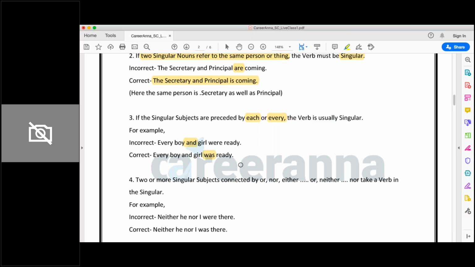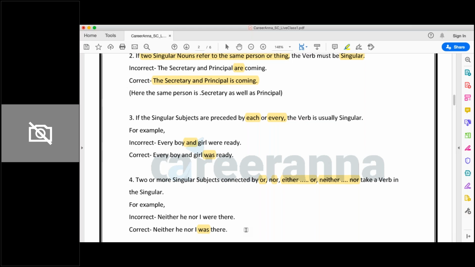Are we able to understand that? Are we able to understand even the reason behind this, that why with "each" and with "every" we are always going to use the singular form of the verb? Now similarly, if my words are connected by "or," "nor," "either or," or "neither nor," my verb will always take the singular form.